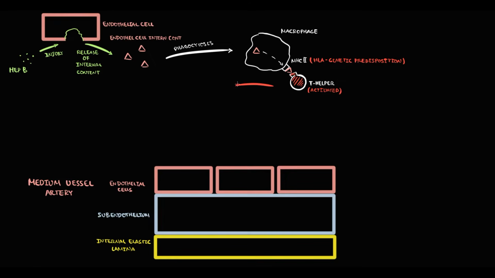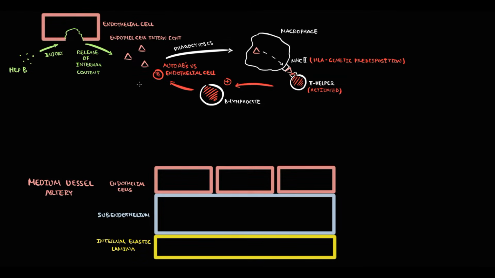Once T helper becomes activated, T helper induces activation of B lymphocytes. If B lymphocytes become activated, they begin to produce antibodies. In this case, B lymphocytes begin to produce antibodies against endothelial cell particles. Such antibodies we call anti-endothelial cell antibodies.